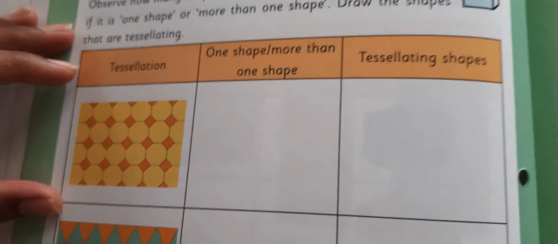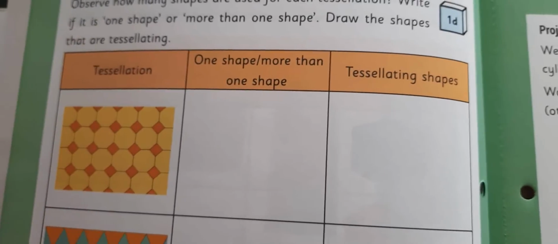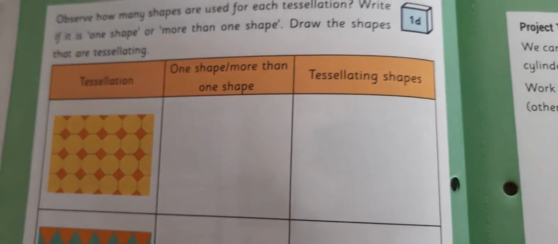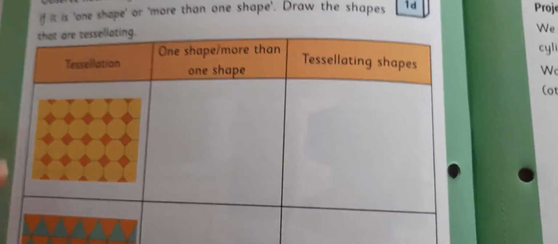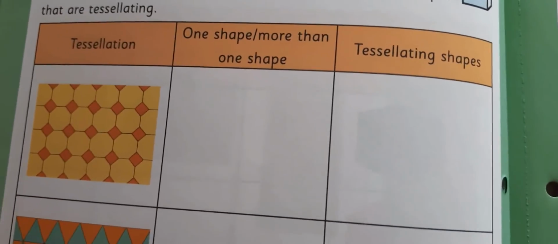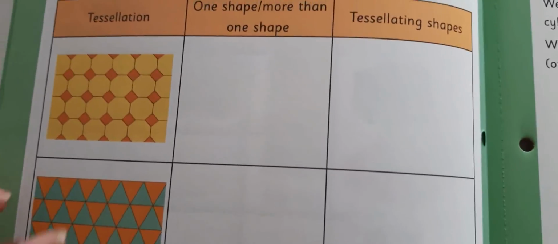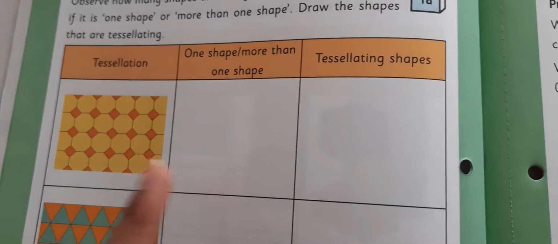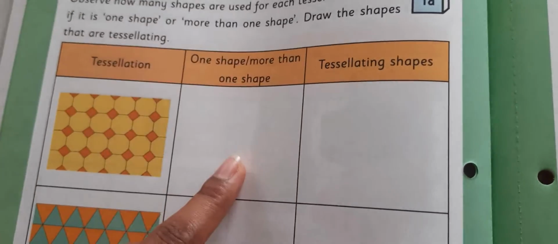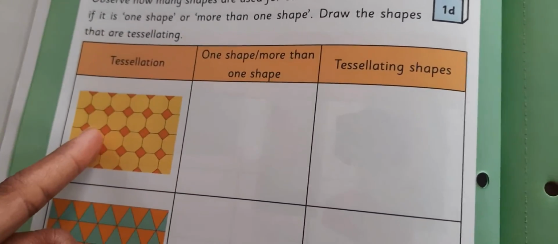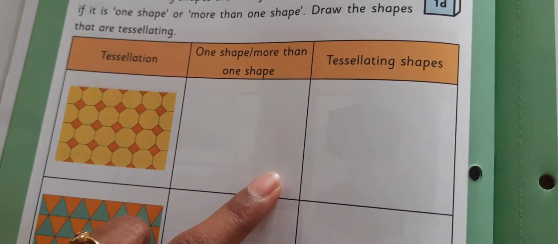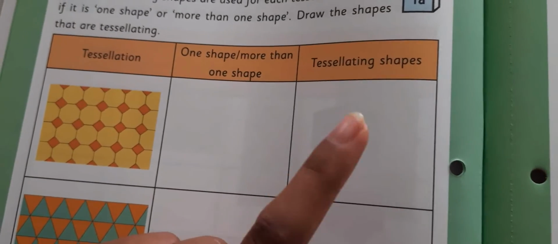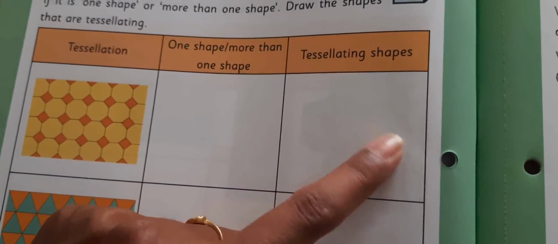In the previous activities we saw this concept, so you have to apply those two activities' concepts here. On one side they have given the tessellation. In the first and second columns, if one shape is repeated write one shape, and if more than one shape, write more than one shape. Afterwards, draw what shapes are repeated and show it to me.